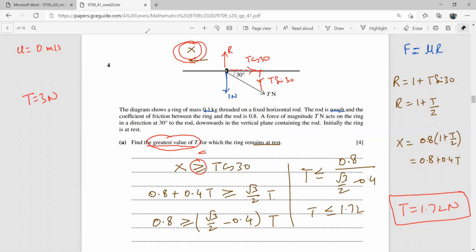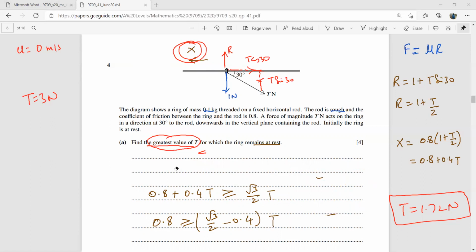No, sir, we are going to have to substitute T as 3 this time. Yeah, exactly. So we can use all these expressions actually, Hannah. So let me clear this area and we can determine X now, and we can determine T cos 30 as well.